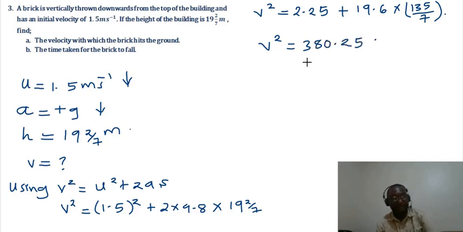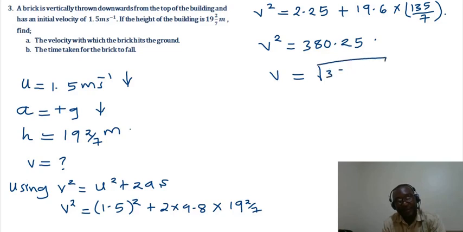But we need v, so we have got to take the square root on both sides. So v is going to be equal to the square root of 380.25. v is equal to 19.5 meters per second. So this is the velocity with which the brick hits the ground.